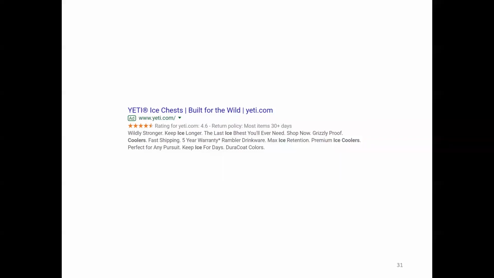All right, Yeti ice chest, built for the wild, wildly stronger, keep ice longer. I like the next one there. It proves it, right? The last ice chest you'll ever need, little typo there. This is a real ad on Google. Shop now, grizzly proof. Man, I need grizzly proof.